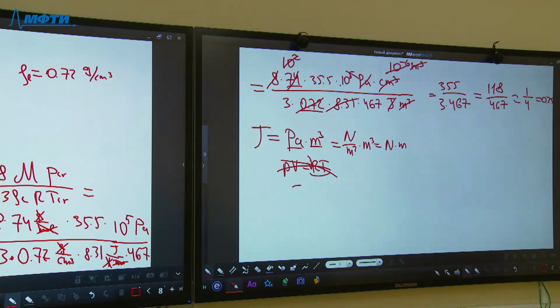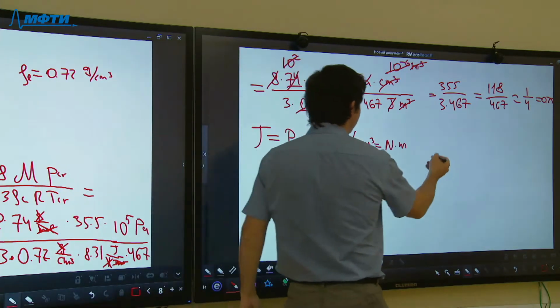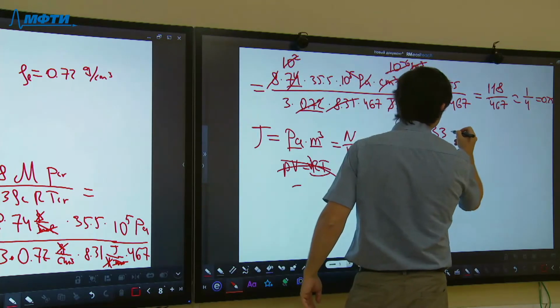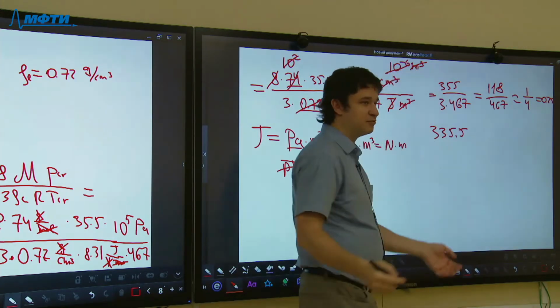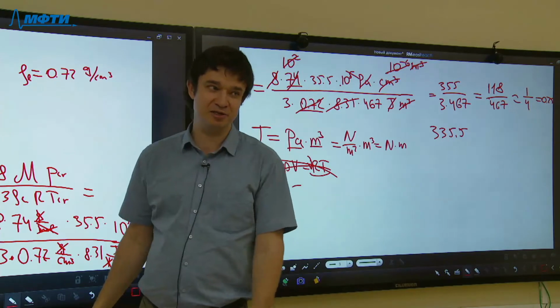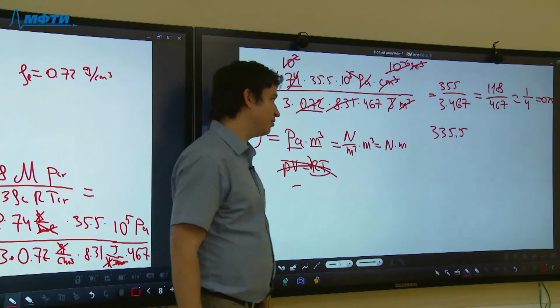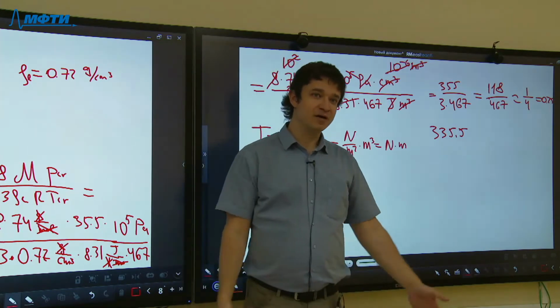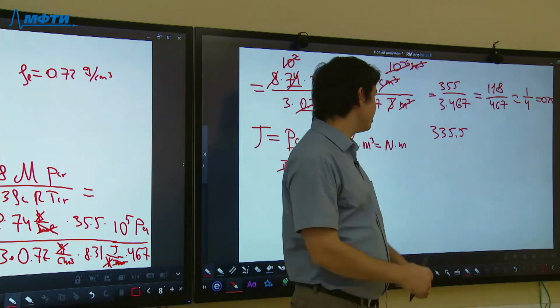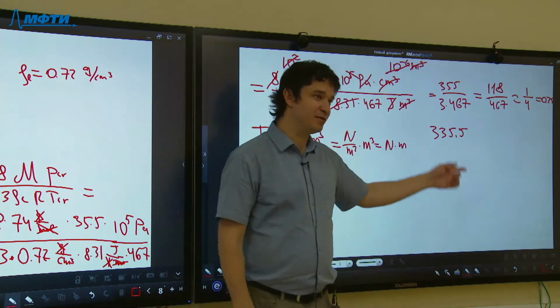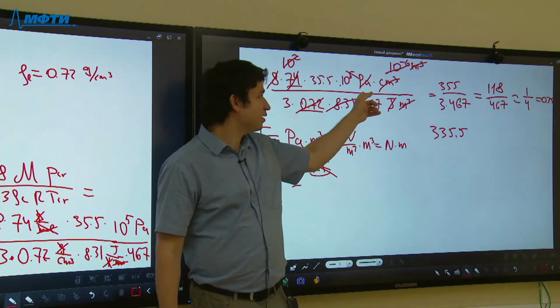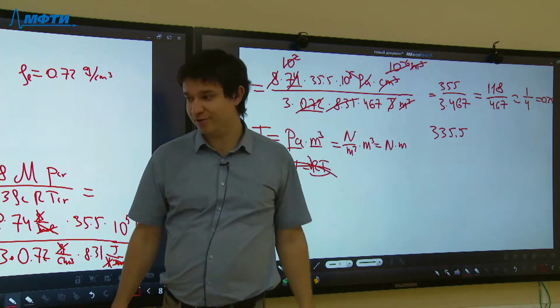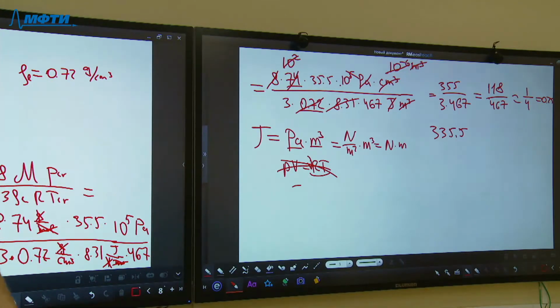Instead of, for example, 35.5, you can write 335.5, and then the answer would be different by an order of magnitude. That is terribly wrong, because if you have an answer different by an order of magnitude, you would have more points subtracted. So sometimes this is even a better way than using the calculator. So practice both ways.